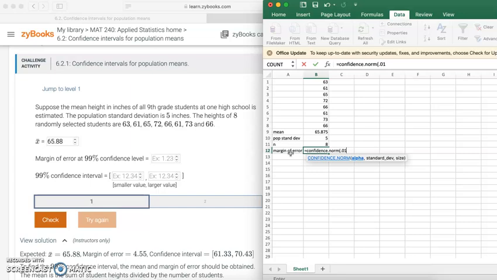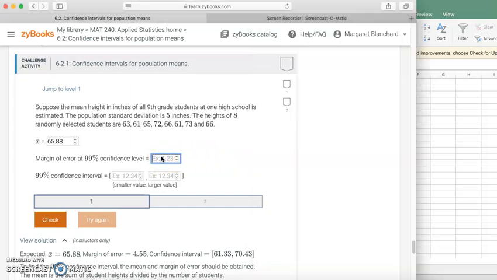Remember, if we were to divide 99 by 100, we would get 0.99. And so then we say 1 minus 0.99. That gives us that 0.01. Our standard deviation is that population standard deviation, and our size is the number of observations. So we're going to close that parenthesis, click OK. That gives us 4.55. So we're going to put that here for our margin of error.